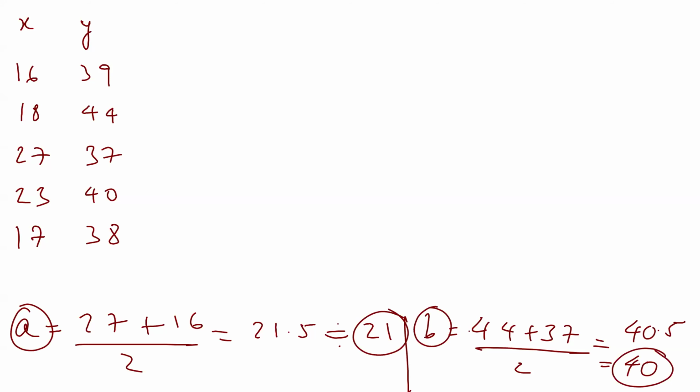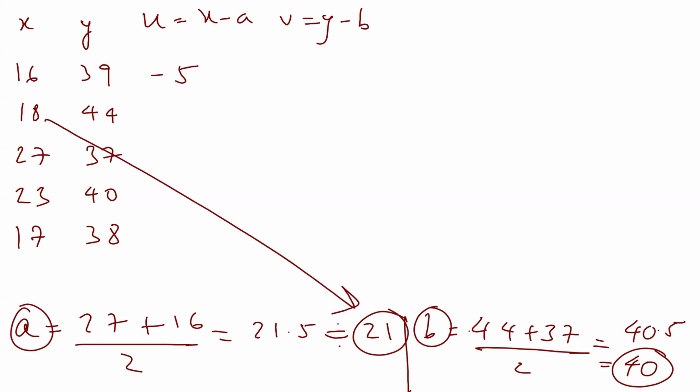Next step will be u is equal to x minus a and v is equal to y minus b. So x minus a: 16 minus 21 is minus 5. 18 minus 21 is minus 3. 27 minus 21 is 6. 23 minus 21 is 2. 17 minus 21 is minus 4.